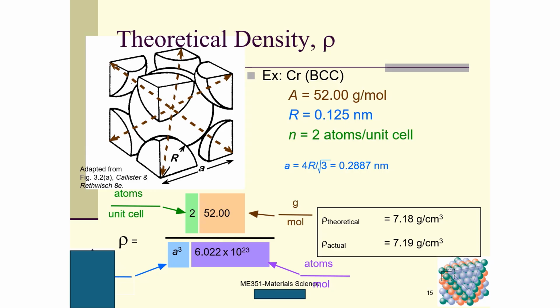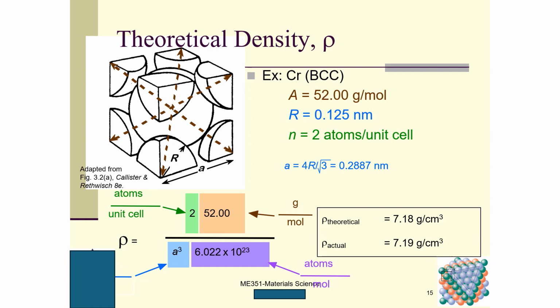This is the mass per mole, and you have the cubic volume, and you need to divide by the atoms per mole, because this is mass per mole. Then you can get the theoretical density.